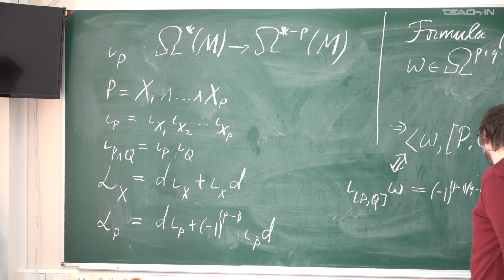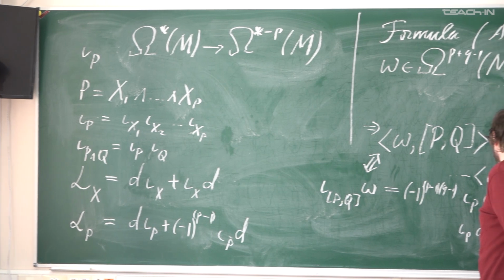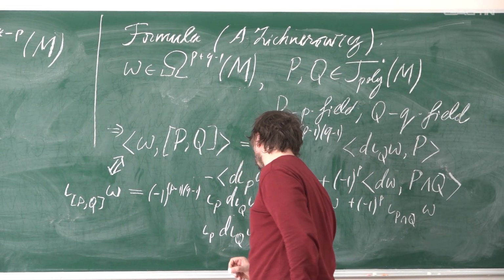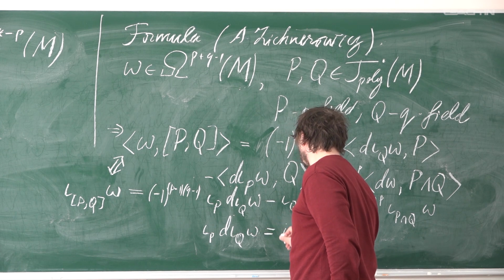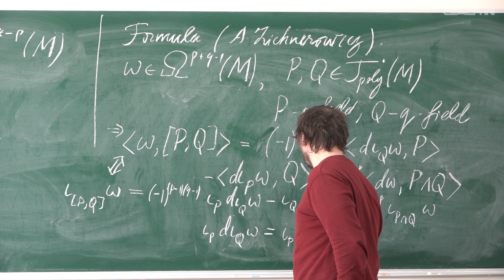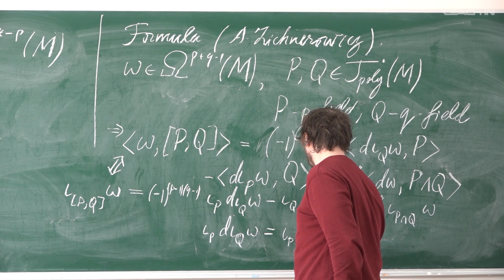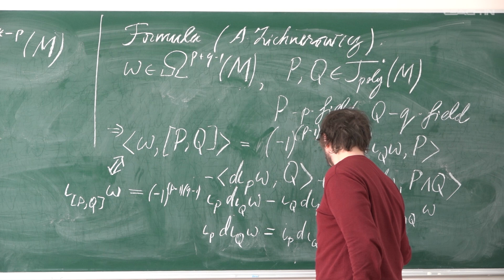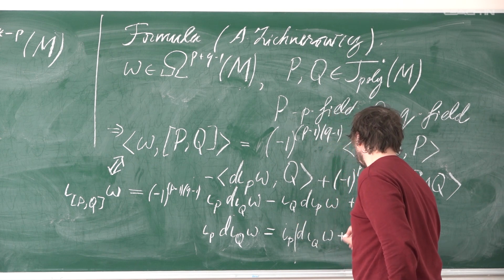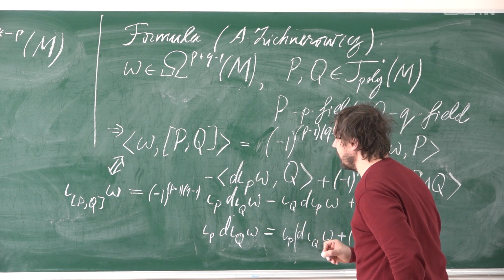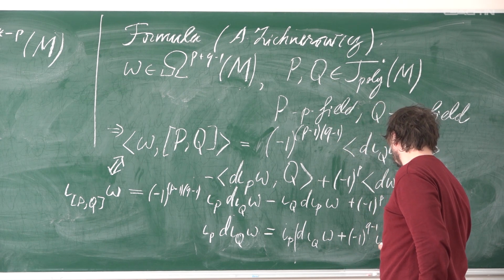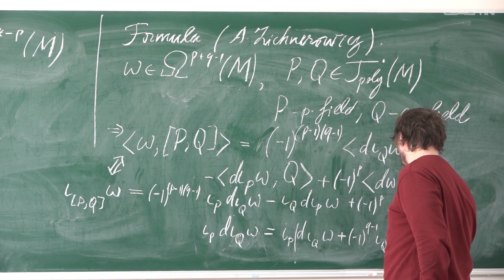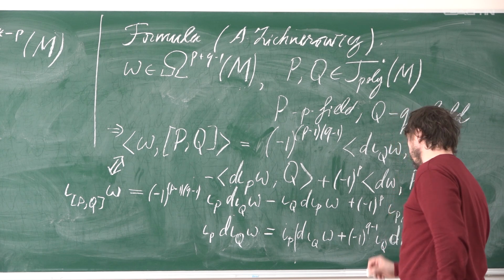For instance, here what we have is i_p d i_q omega, and it is equal to i_p d i_q omega plus minus 1 to the power q minus 1, i_q i_p d omega.